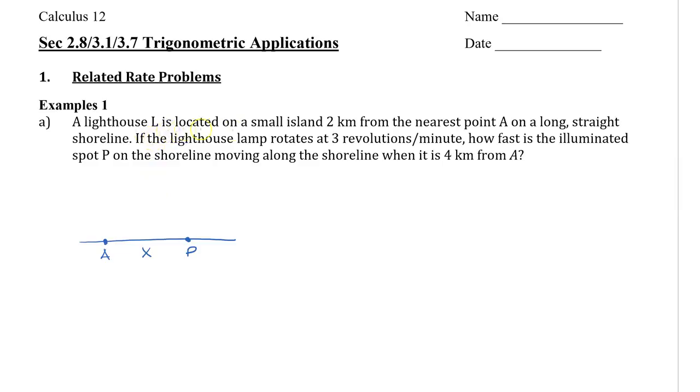Now there's a lighthouse L. It's located on a small island 2 kilometers from the nearest point A. So if I place my lighthouse L, that would be the closest point to A here. So this is on an island of its own. The lighthouse lamp rotates at 3 revolutions per minute. So we want to find out how fast this point P is moving.